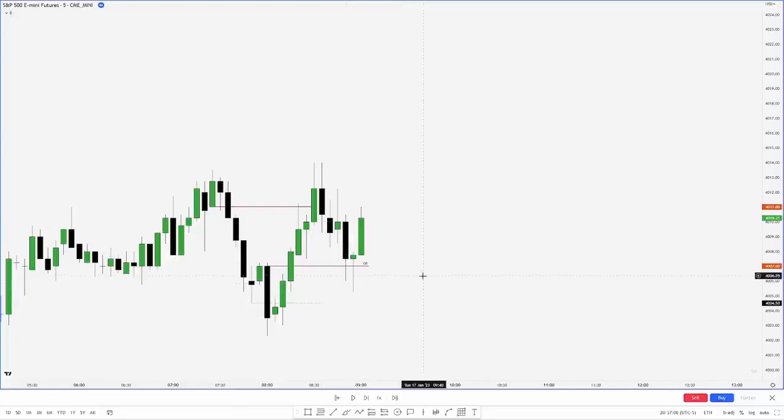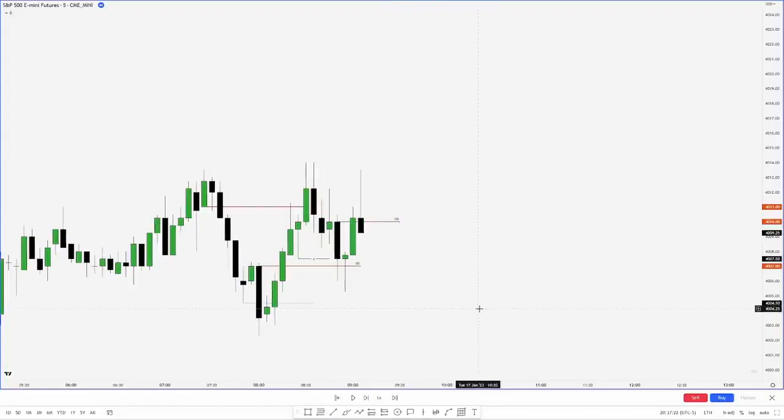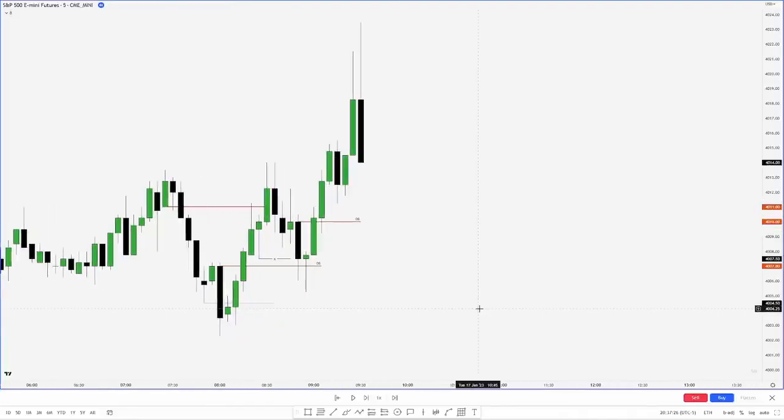Now, as we go higher, where is our next order block? You see this large down close candle that swept this low. Before I move higher, I want to see price being supported here. And you can see how it is being supported.